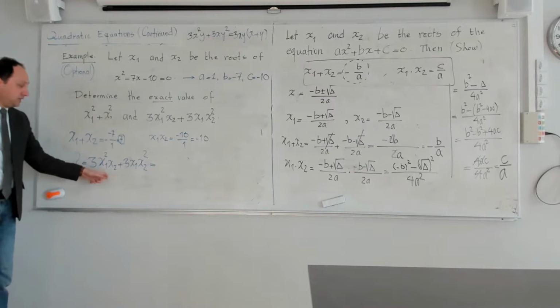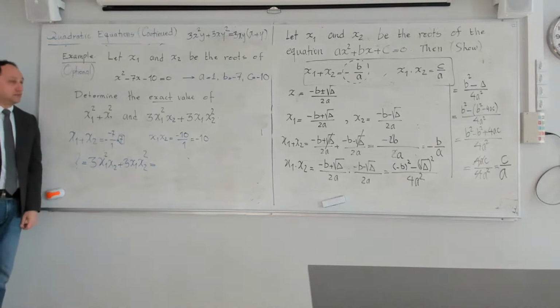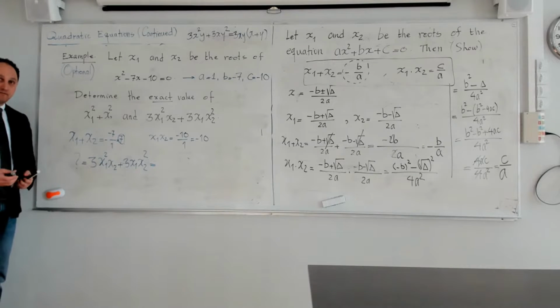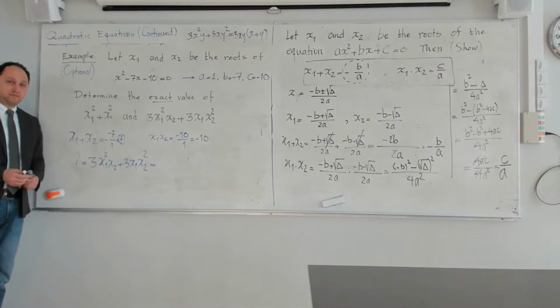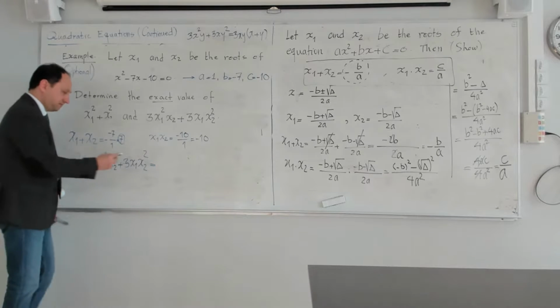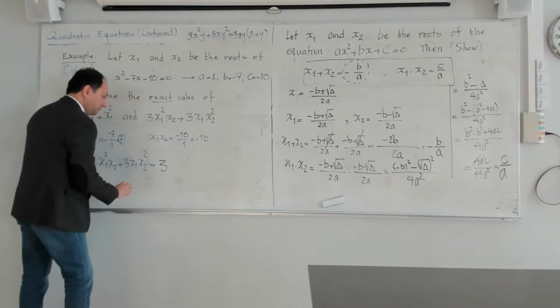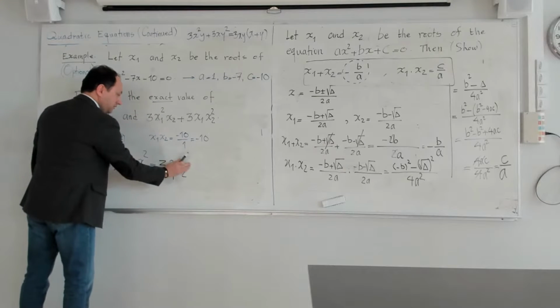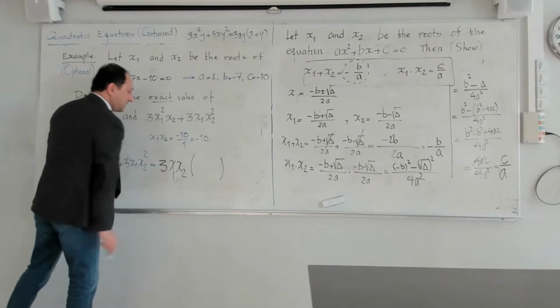Okay, but tell me something here. What can I do here? I'm waiting. You factorize out x1 and x2, and 3, yes? So what is left here now?